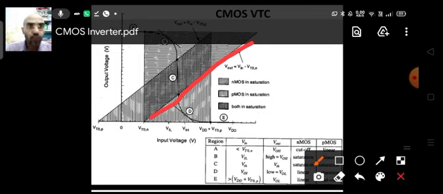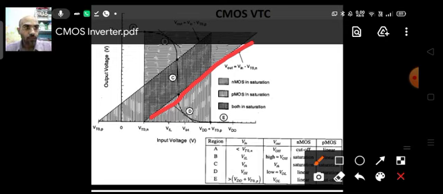As you know, if your VDS is greater than VGS minus VTN, and obviously VGS is greater than VTN, then the device works in the saturation region. So in this horizontally marked triangle, your NMOS works in the saturation region. This is very clear to you.